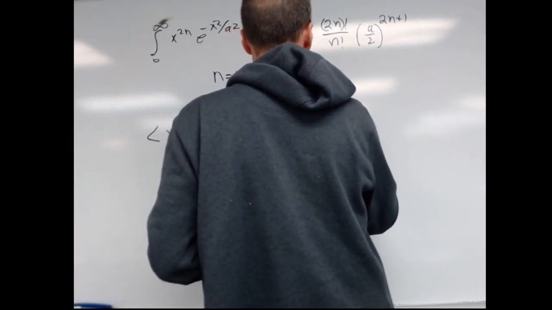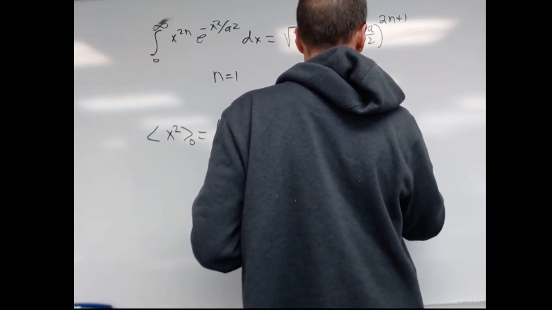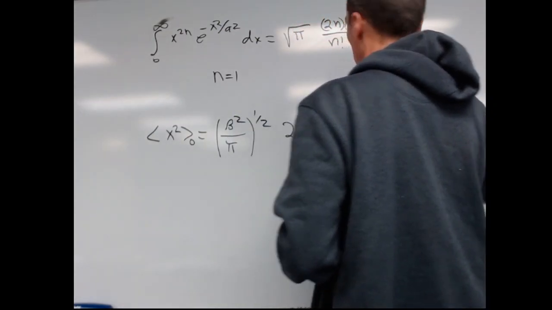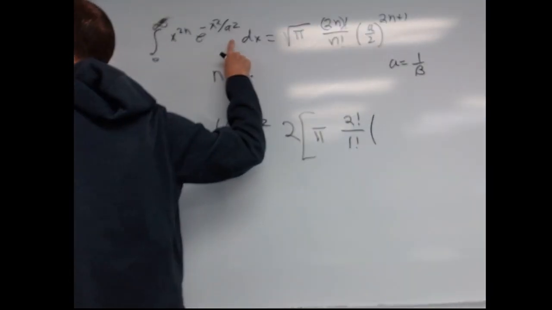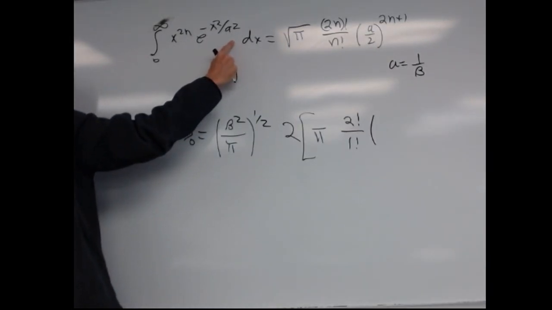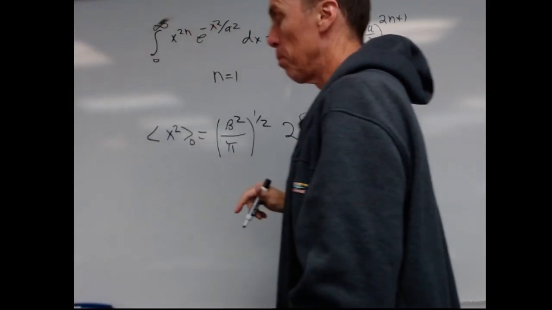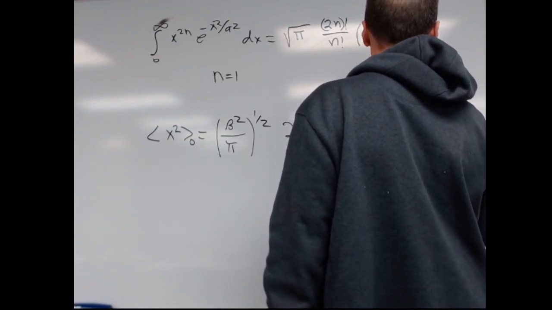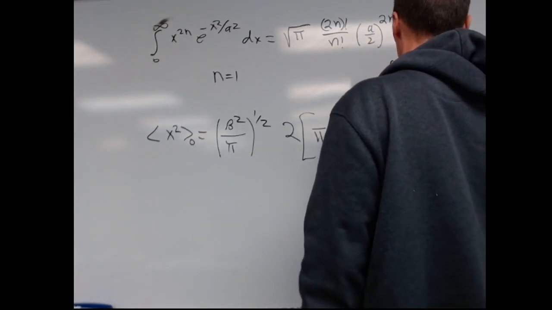And so that's the square root of pi times 2 factorial over 1 factorial times, so here a is just 1 over beta. Do we agree on that? My integral here is minus x squared over a squared, and here it's beta squared x squared, so I apply this integral to this form and write a is 1 over beta. And so this is 1 over 2 beta to the n, so n is 1, and so that's cubed.